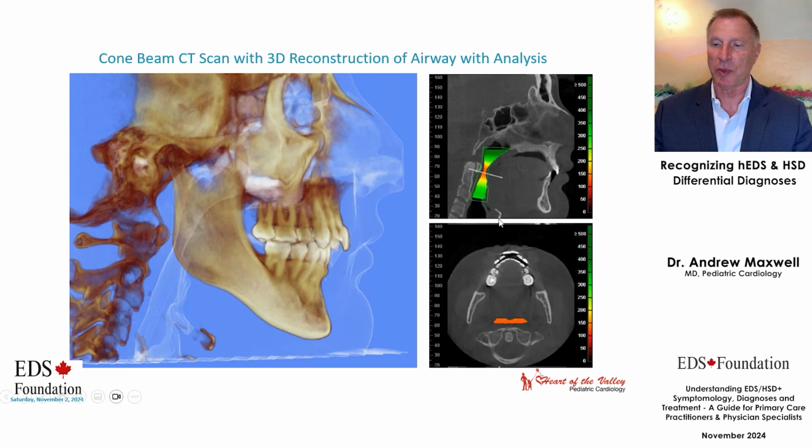But in this particular patient, this short segment narrowing is right in front of the arch of C1. So the question on this patient is whether C1 is slipping forward, as it appears to be in this image, and narrowing the airway from the rear.